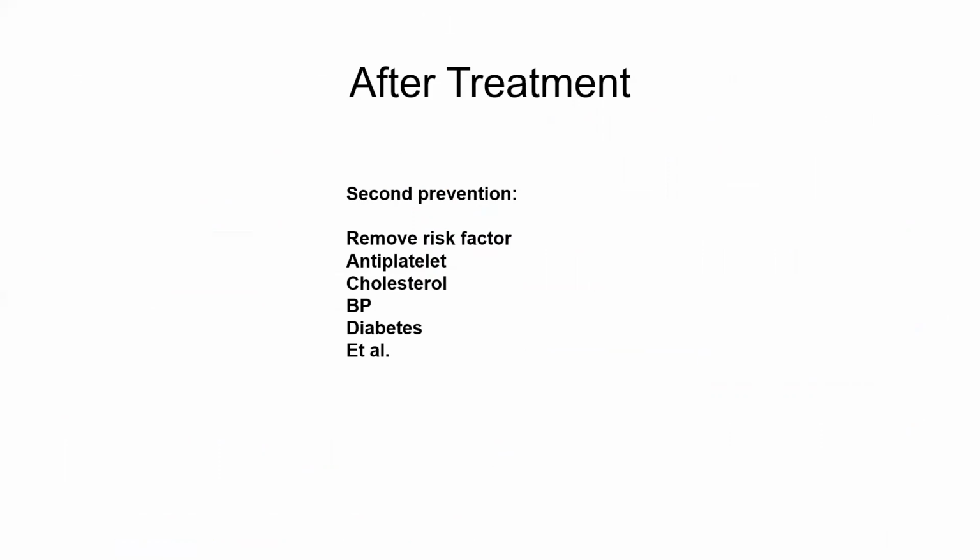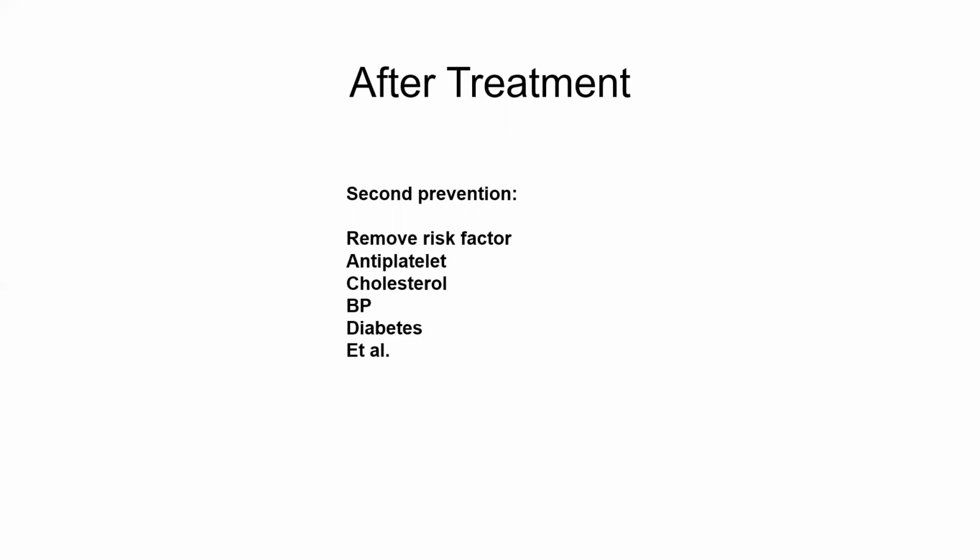The first thing you need to think about is to remove all of the risk factors, like smoking, alcohol, or other risk factors. If the patient has them, just let the patient stop smoking, stop drinking alcohol, and remove all of those bad habits.